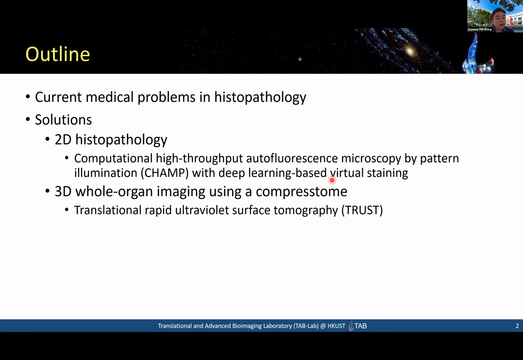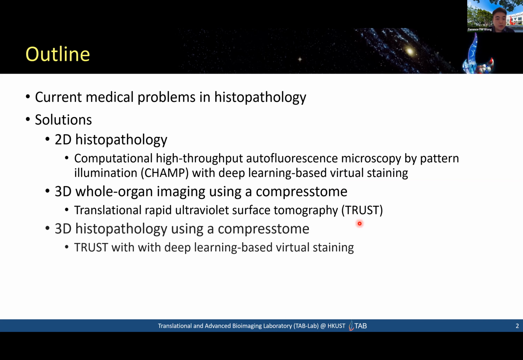And followed by what Abby has already introduced, we also do some 3D whole organ imaging with the help of the Compresstome from Precisionary Instruments. And then we developed a very important technology in our lab. It's called translational rapid ultraviolet surface excitation, or in short, TRUST.